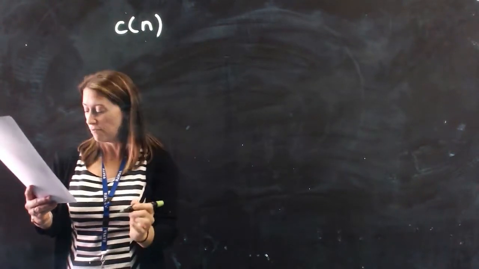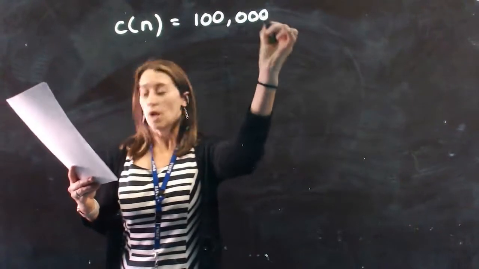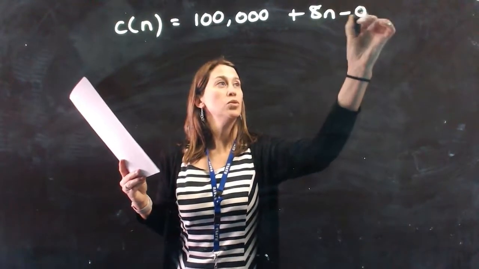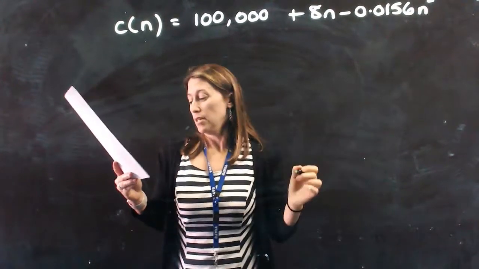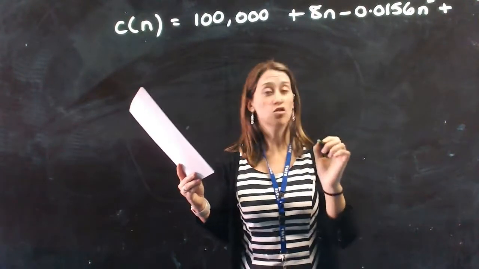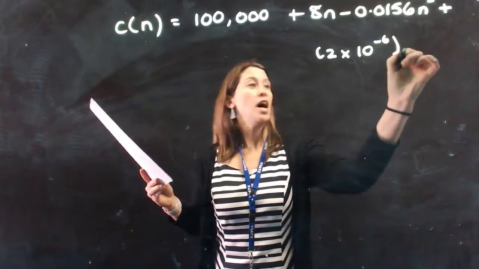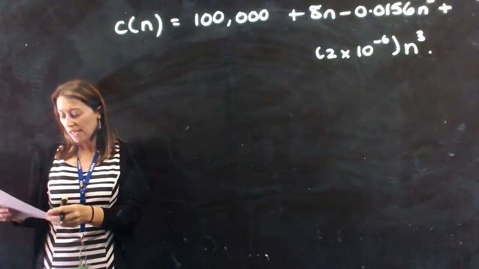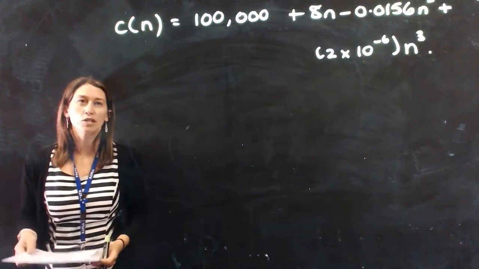So we've got a cost function, and it's 100,000 plus 8N, take away 0.0156 N squared plus a very small number, 2 times 10 to the negative 6 and N cubed. What should the weekly production target be in order to maximise the profits?